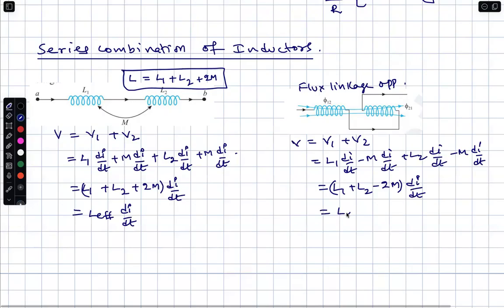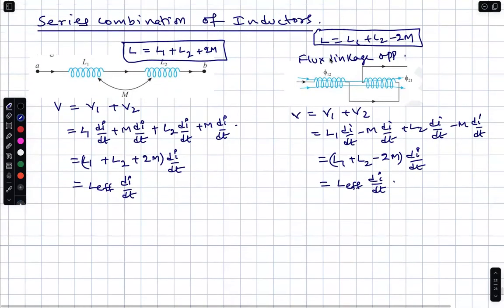So this is L effective di by dt. Therefore, in this case, L effective is written as L1 plus L2 minus 2M. Okay. So series combination of inductors, you have a situation like this.